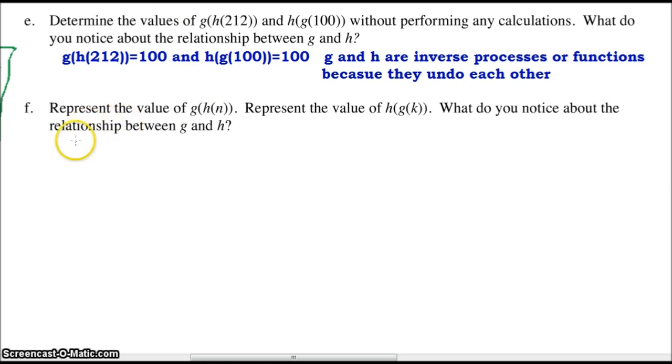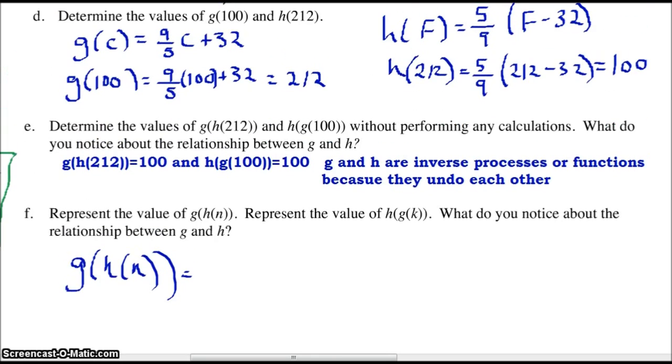Okay, so g of h of n. Let's remind ourselves, what are g and h? g of c is 9/5 c plus 32. h of f is 5/9 times (f minus 32). So g of h of n, first we plug n into the h function like so.